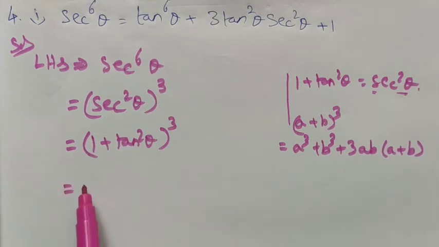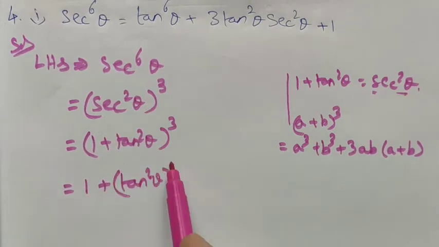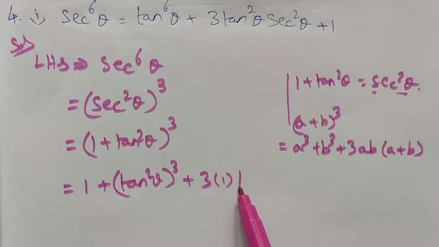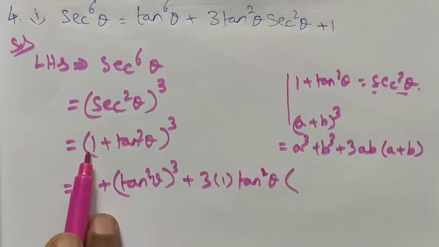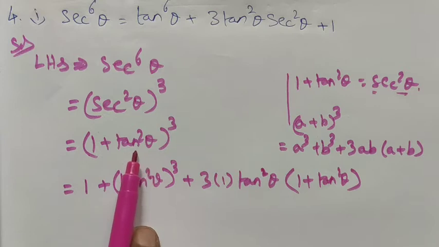So 1 cube plus (tan square theta) whole power 3 plus 3 into a into b, a is 1, b is tan square theta, into (a plus b), 1 plus tan square theta. We have rewritten the given terms in the format.